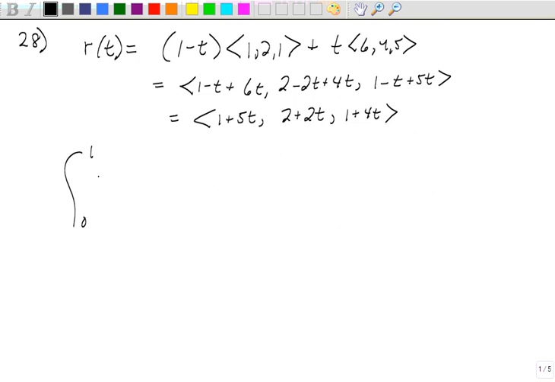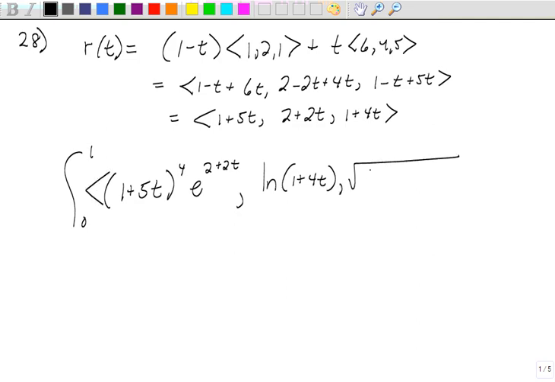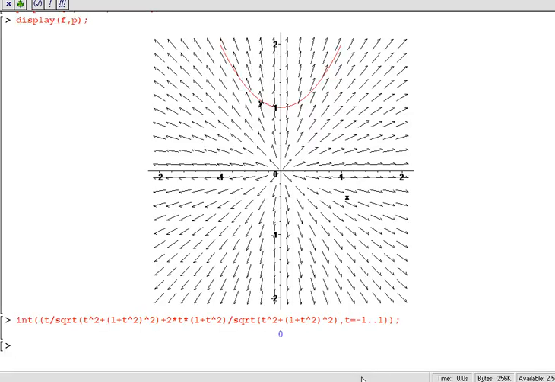We have x to the 4th, okay, this is the vector, dotted with r prime dt.